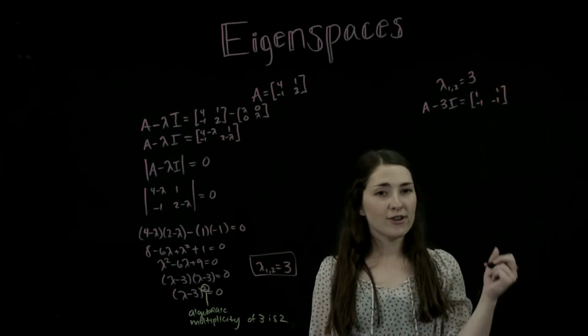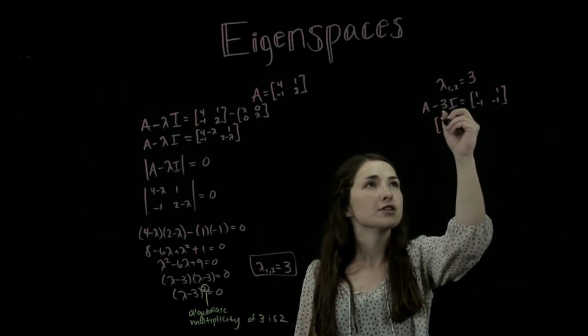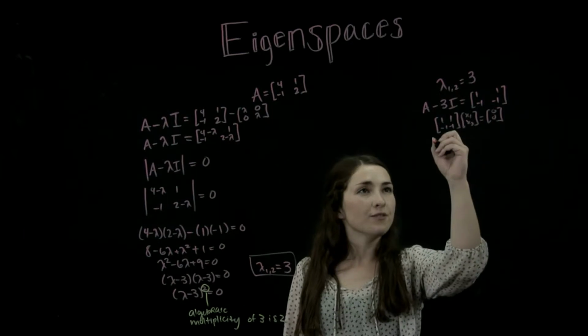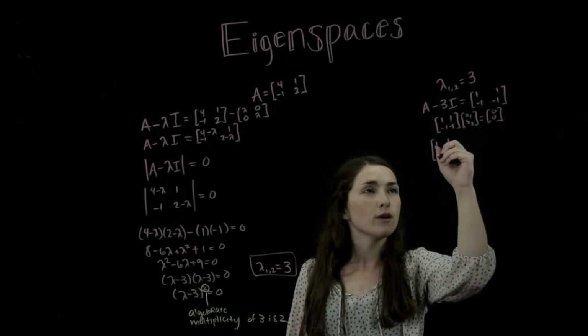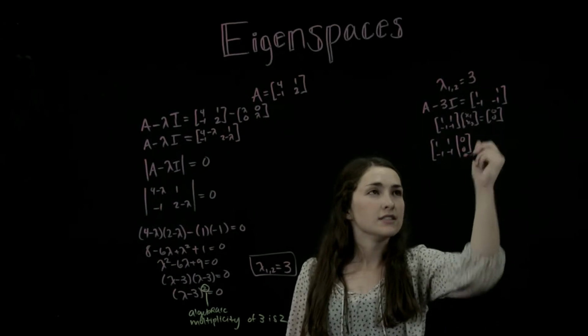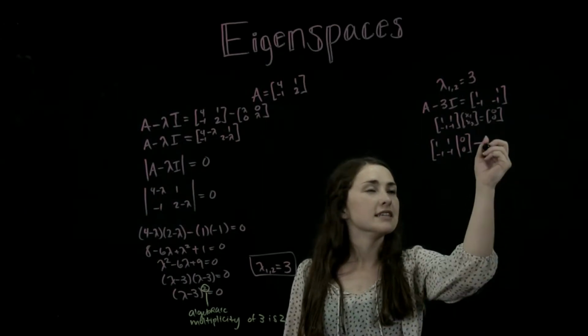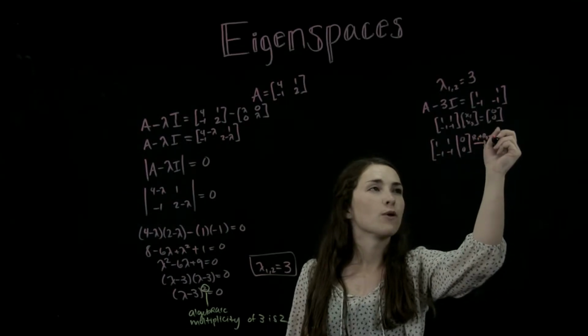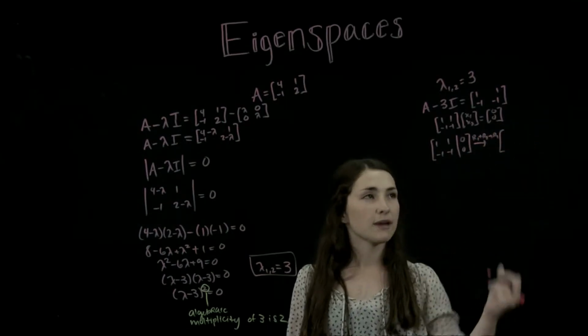And then we want to find the null space of this matrix. So we're going to solve this equation. So once again, we're just going to augment this one. We're going to have 1, 1, -1, -1, augmented with our 0, 0. And then it's easy to see our one row operation is going to be row 1 plus row 2 is our new row 1. And we will have this matrix.